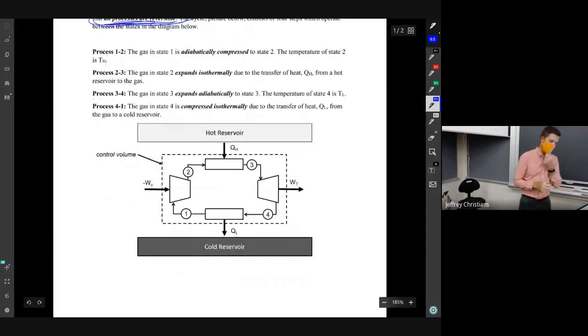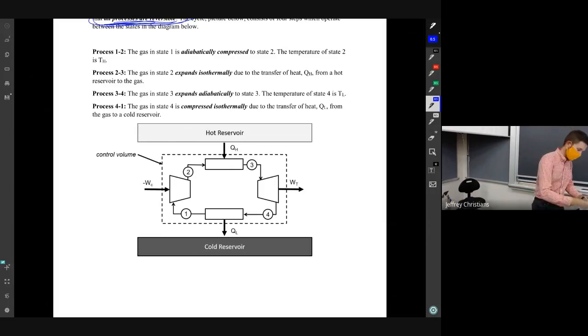Inside of our ideal black box, inside of our control volume, we have 4 different processes that are happening. I outline what's happening in each of these processes, but we'll start with this. If we go from here at state 1 up to state 2, what just happened? Well, it says process 1, 2.